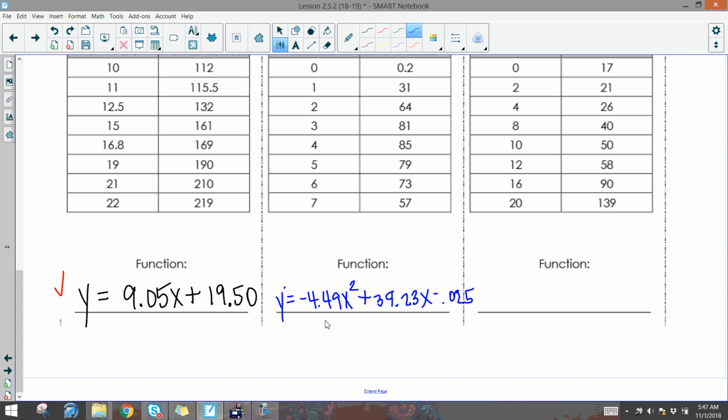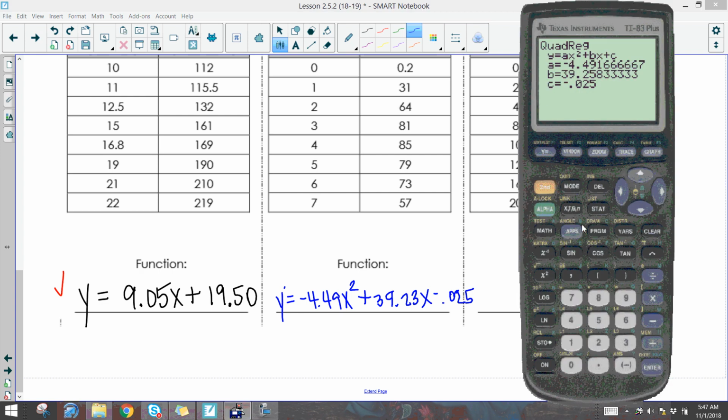Sorry guys, that is really sloppy. Negative 4.49x squared plus 39.23x minus 0.025. That's what that says. So let's check the residual.